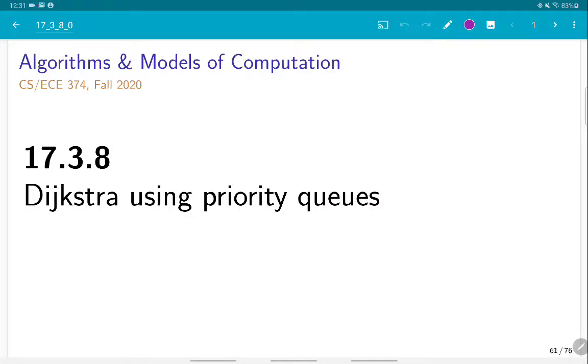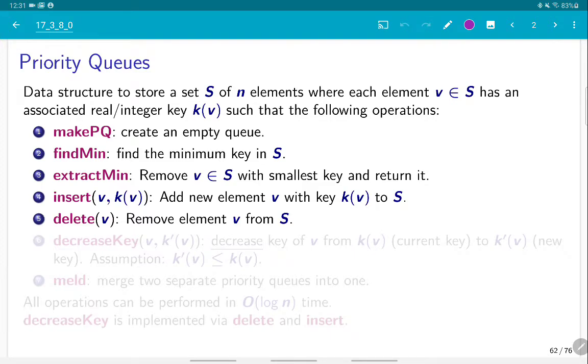Okay, so let's discuss the priority queue data structure that we are using in more detail. I assume you have seen the basic data structure in CS 225. It's a data structure that supports creating a queue, finding the minimum value stored in the queue, extracting the minimum, and inserting and deleting a value from the queue.